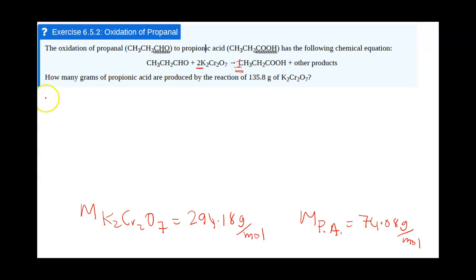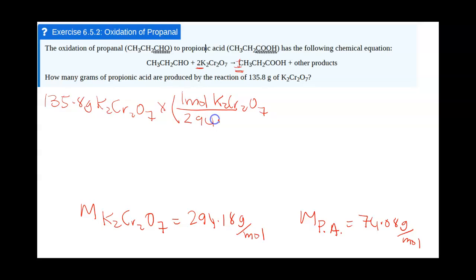So let's put all of this together. I get 135.8 grams of K2Cr2O7, and the first thing I'm going to do is multiply by 1 over the molar mass of my A, which is 294.18 grams per 1 mole of the K2Cr2O7.